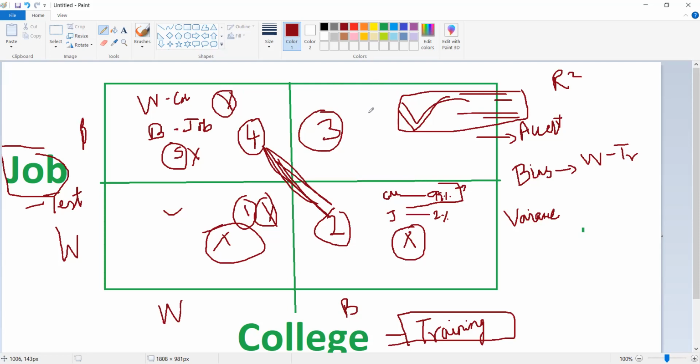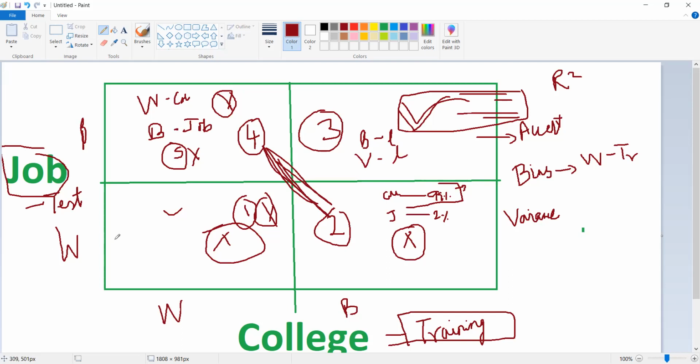Bias will be low. And what about variance? Variance will also be low. This is your best performing model, best in college, best in job. Bias will be low and variance will be low.